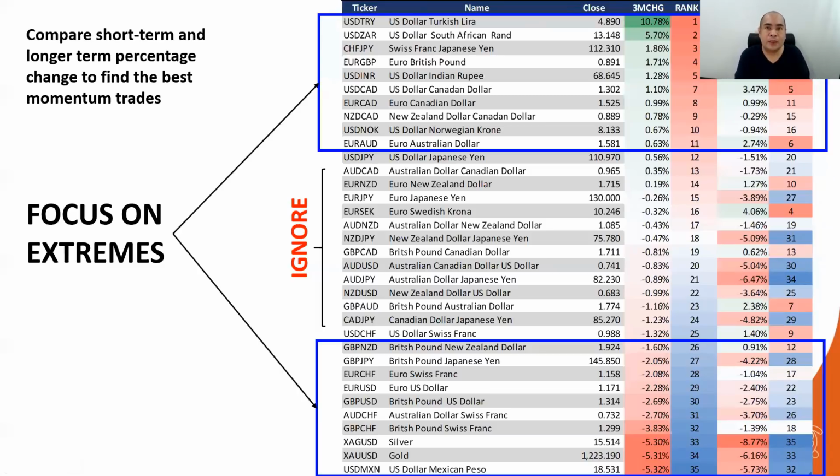They tend to be the ones with better looking charts and whatnot. This isn't to say that there aren't any opportunities trading the middle of the pack, but what I'm saying here is that the easier trades tend to be the ones at the extremes of the ranking system.